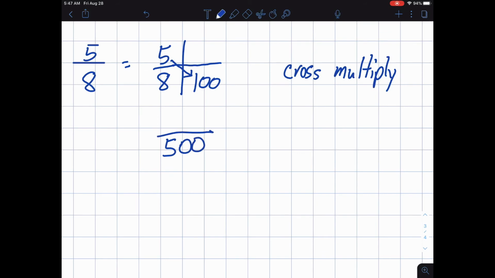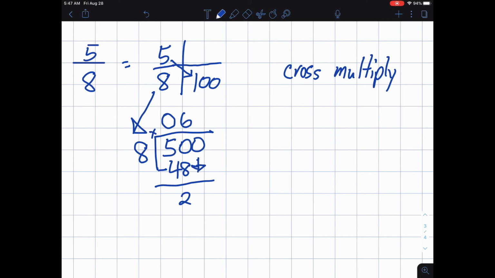Now, are we done? No, you're not. See this 8 right there? That 8 will go as a denominator, or the outside of the division sign right there. So now you can divide. How many 8 goes to 5? 0. How many 8 goes to 50? That's 6. 6 times 8 is 48. So you're doing your whole long division. 50 minus 48 is 2.